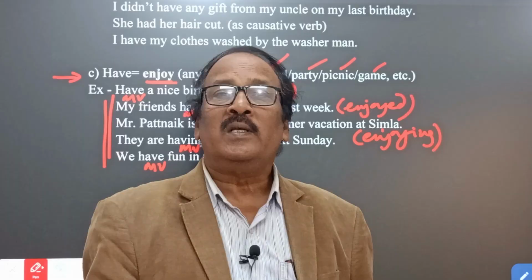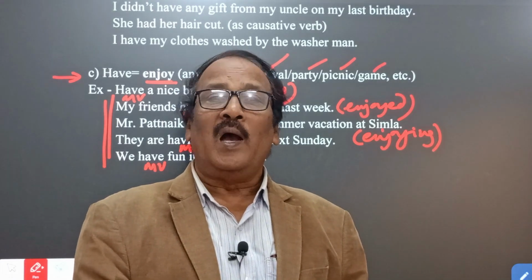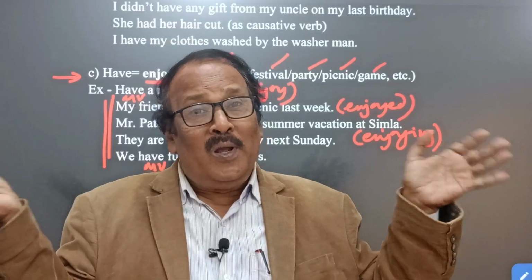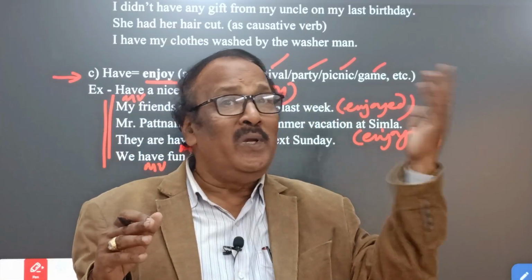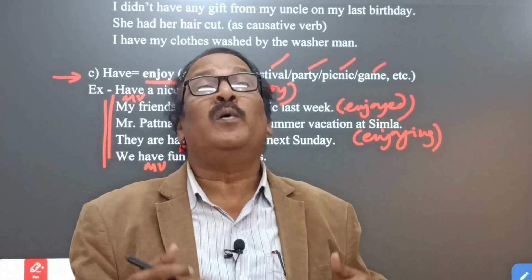Side by side, it is used to express the meaning of take, get or receive, enjoy. So these are very interesting ways how we use have as an auxiliary verb and have as a main verb.